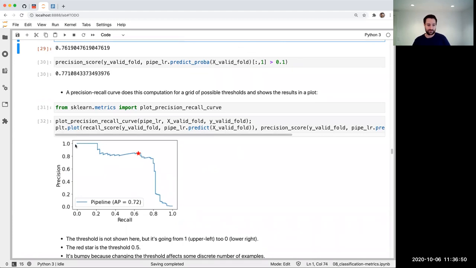Why is the line not bumpy here? Yeah, so we have to think about it. So precision 1 means everything you're saying is a fraud is a fraud. It might be the case that, so I've got to think about this. Probably what's happening is that, say, recall is 0.2.